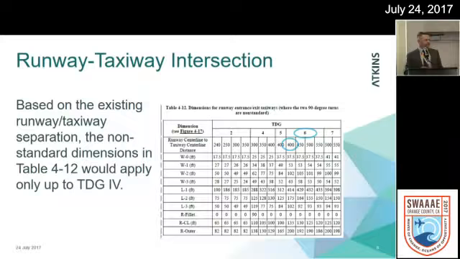But our runway and taxiway separation is non-standard. So based on our existing runway and taxiway separation, we would have non-standard dimensions identified in Table 4-12. The problem is, because we only have 350 foot of separation, we can only comply with the standard for Taxiway Design Group 4.